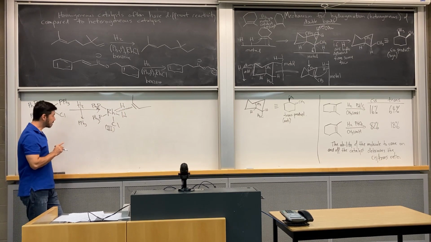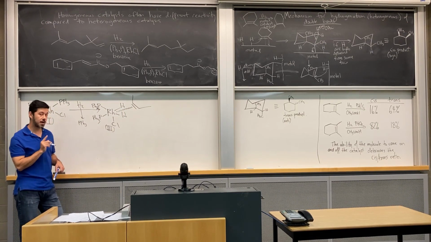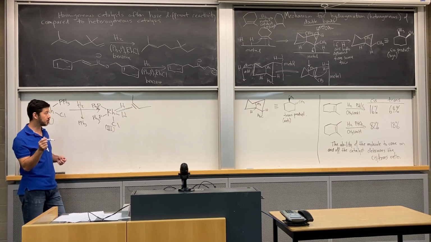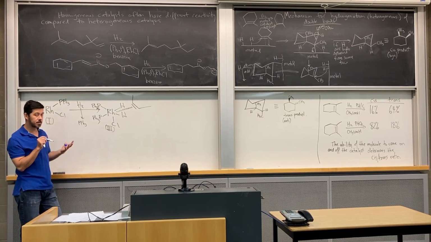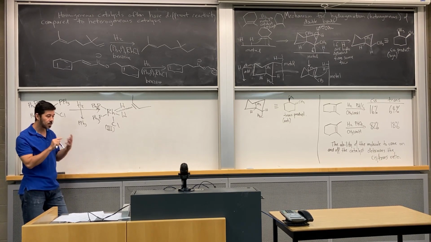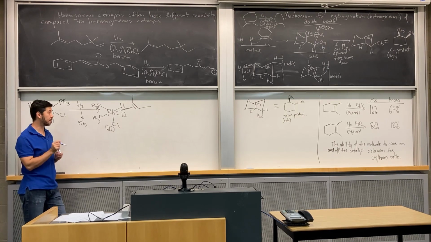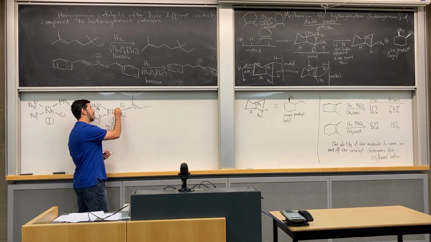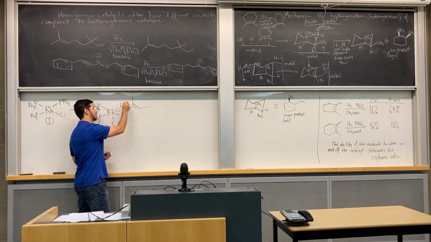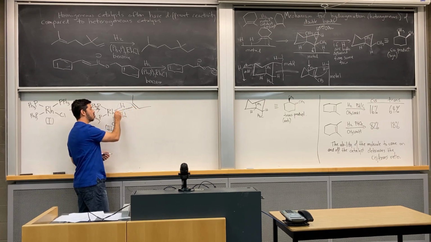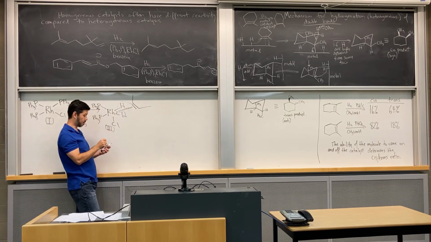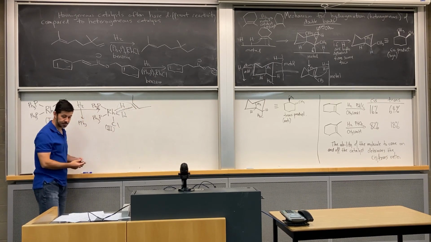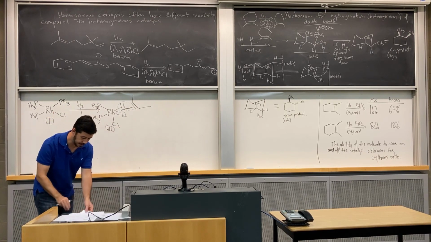So again, we typically don't draw reaction arrows with these types of transformations, but when you're learning them, it's helpful to see how electrons might move in order to form these bonds. So one of the first things that happens is that you can imagine this hydride attacking this carbon here, and then similarly to what we'd seen before, you form this carbon-rhodium complex. So we get that bond interaction happening.